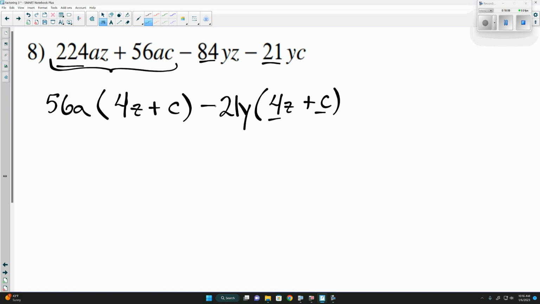Now we can factor out the 4z plus c, which leaves us with 56a minus 21y.